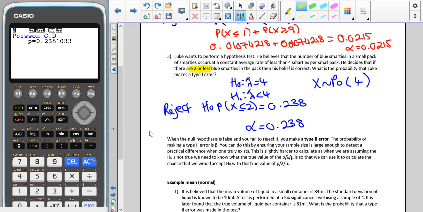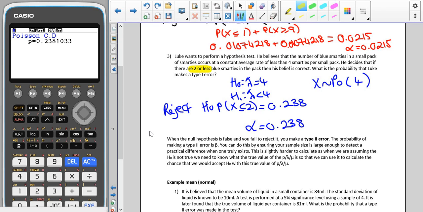So if it's a binomial, for instance, if we are told that we are going to accept it between 1 and 8, that means that we're going to reject it for 0 and more than 8. If it's Poisson and we're told that we're going to accept it if it is less than 9, then that means that we're going to reject it if it is greater than or equal to 10.